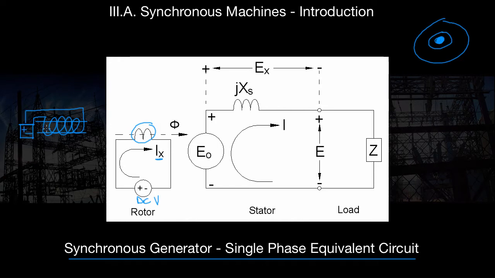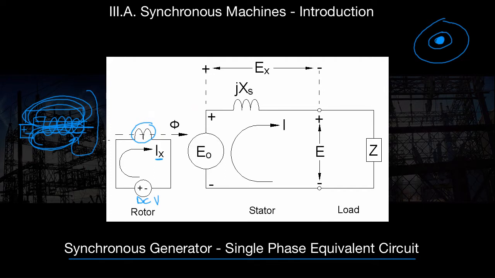What that's going to do is create a magnetic field, kind of like this. Since it's DC, the polarity of that magnetic field is not going to change. So if this is our rotor, this thing right here is going to be constantly spinning inside of our stationary stator. That magnetic field in our rotor is symbolized by that solid circle here.